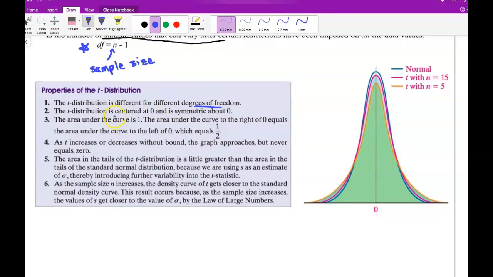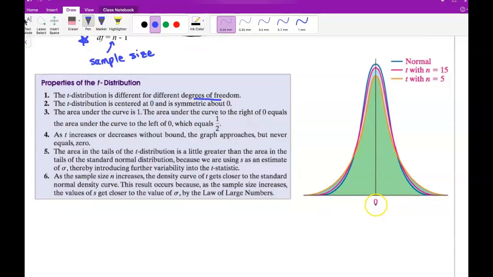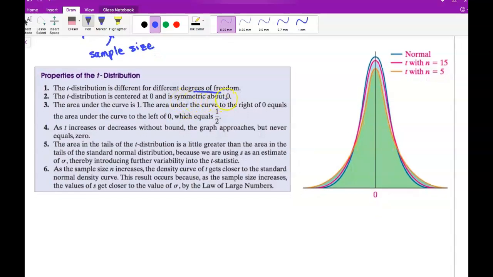It is centered at 0, exactly like the z-scores normal distribution, and it is symmetric about 0. Third, the area under the curve is 1, as we had before.